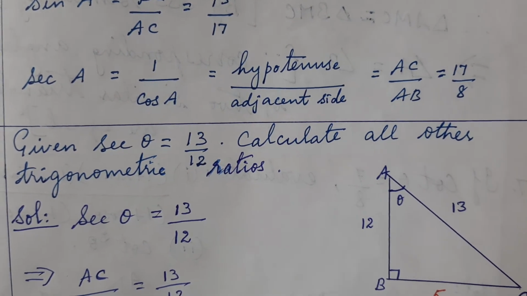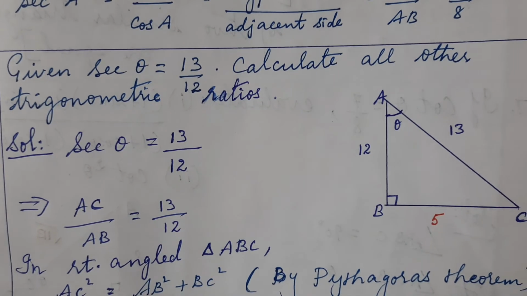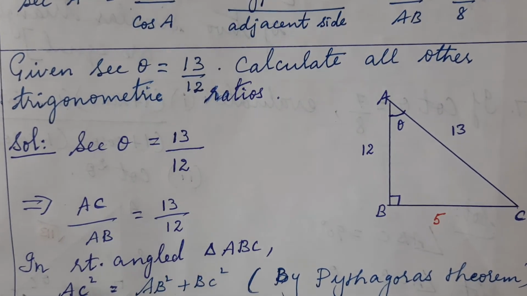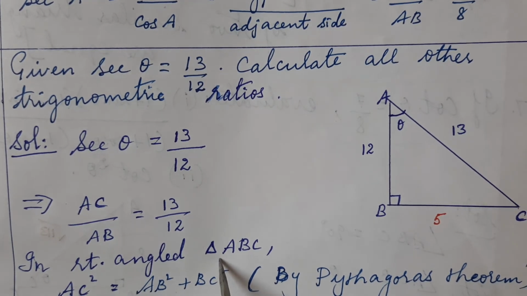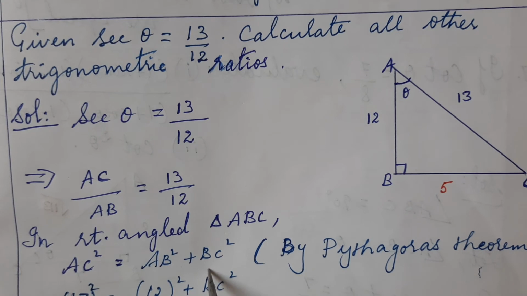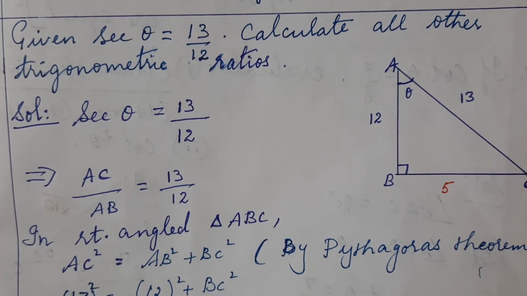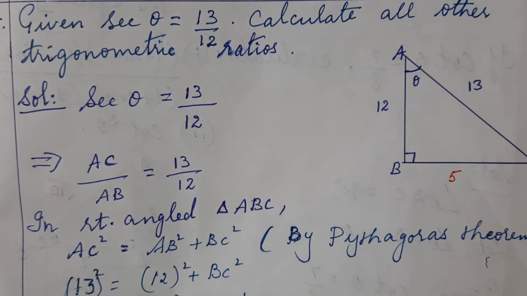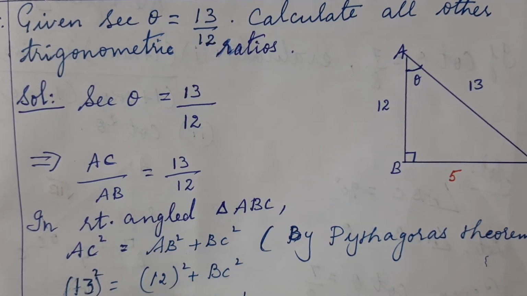So now AC by AB is 13 by 12. So when I take in right angle triangle ABC, AC square is equal to AB square plus BC square by Pythagoras theorem. So now what is AC? 13. 13 square is equal to 12 square plus BC square.